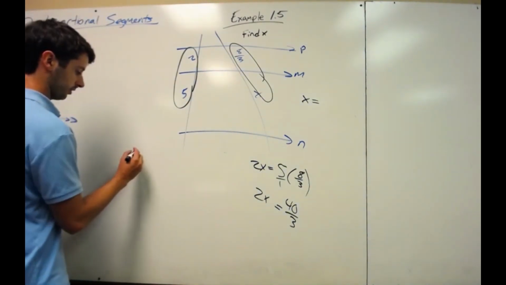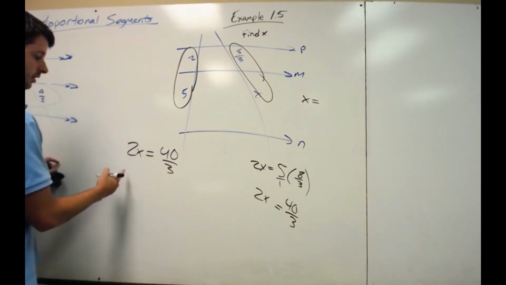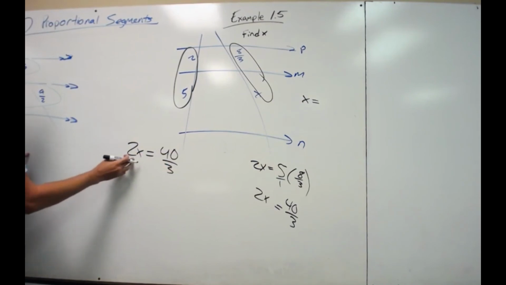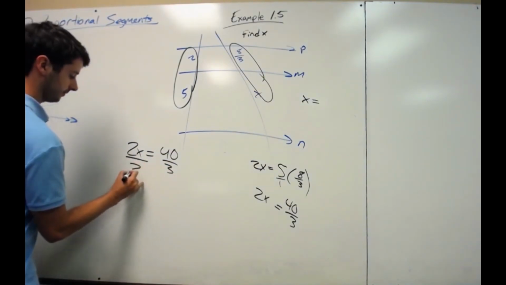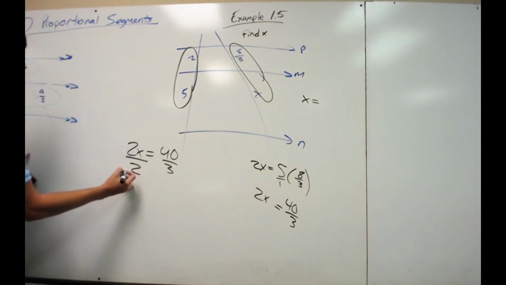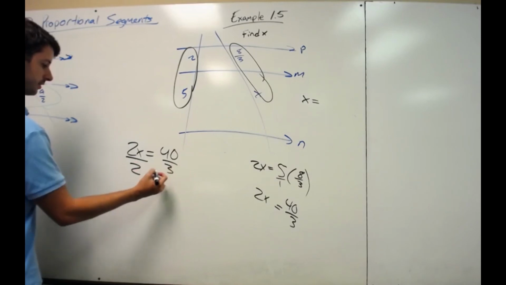From this point, I'm going to rewrite it over here bigger. To get x by itself, it's being multiplied, so we do the opposite and divide. When we divide, we are actually multiplying by the reciprocal.